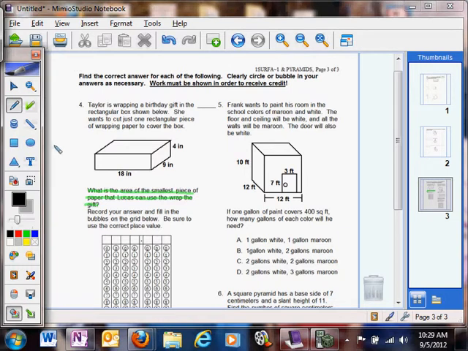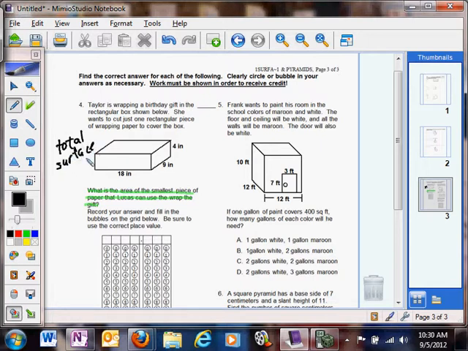This is talking about total surface area, because we are talking about wrapping this package, and that is going to be the outsides or the total surface area. And then it says record your answer and fill in the bubbles on the grid below. Be sure to use the correct place value. So we want to find the total surface area of this solid here.